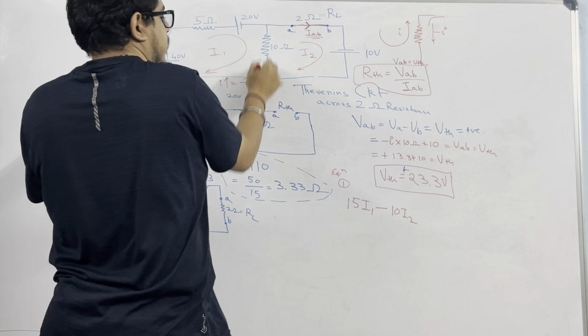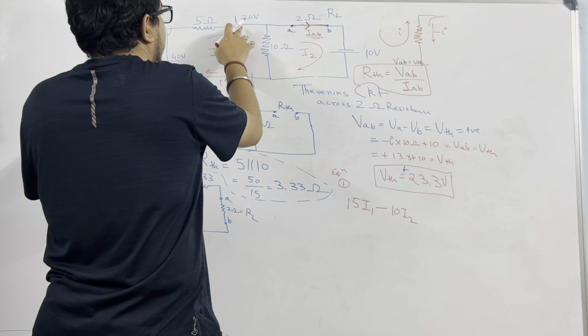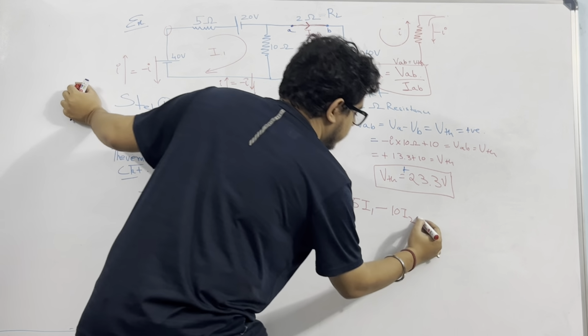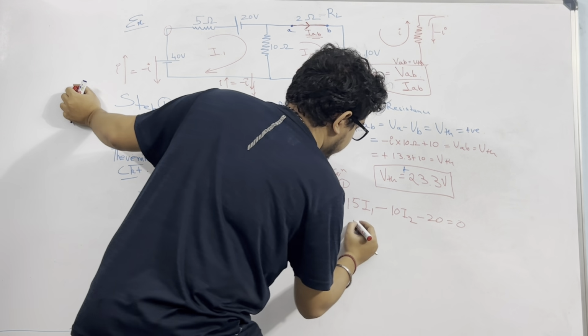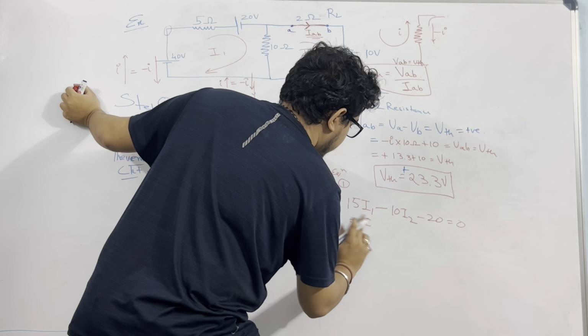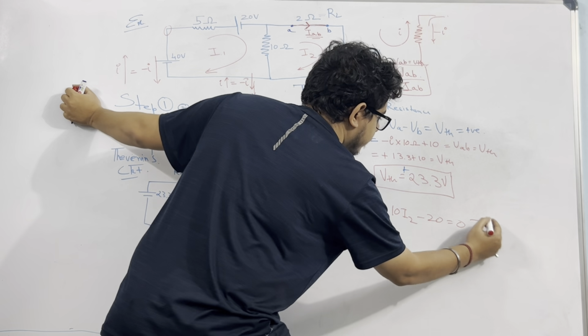I start from here and go like this; we all know how to solve this. Plus 20 and minus 40, it will be minus 20 equal to 0. We got I1. Let this be the first equation.